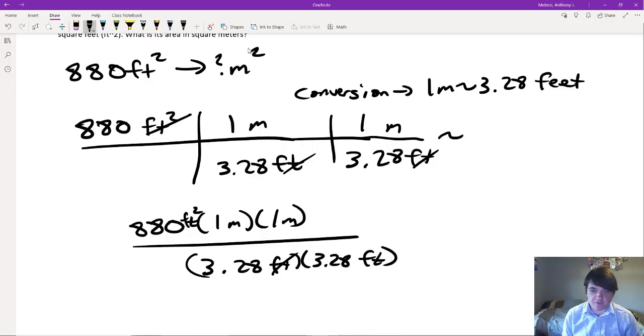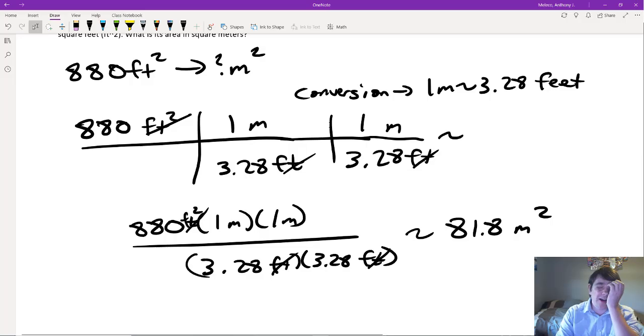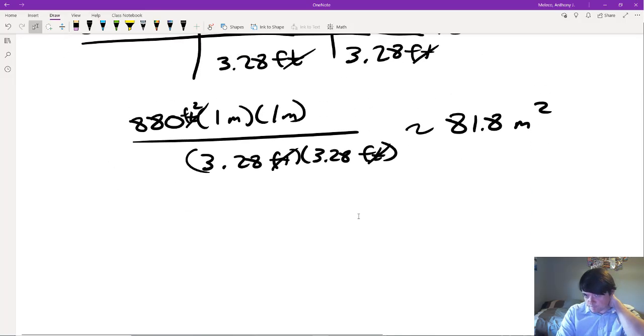And so now this allows us to cancel these units and give us our meters squared units. And this is approximately 81.8 meters squared. Now, if it was cubed, like you were talking about a volume, you would have to do the conversion 3 times. Or if you're trying to do to the 4th, you'd have to do it 4 times, or to the 5th, 5 times. Okay. So keep that in mind.